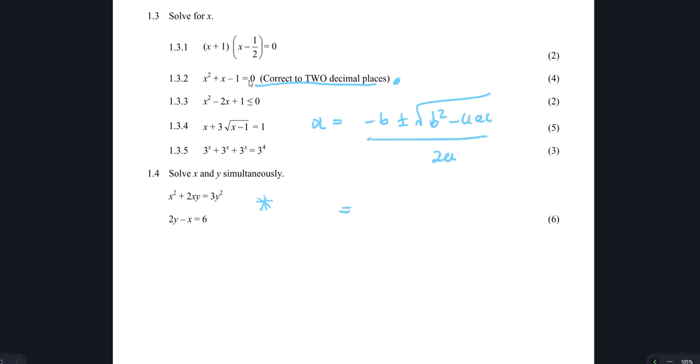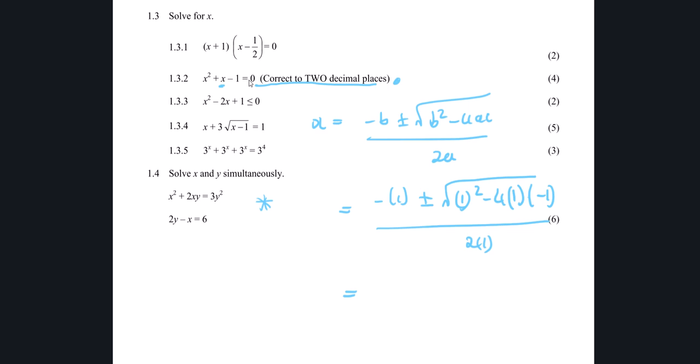So that will be, our b is 1, so negative 1 plus or minus the square root of 1 squared minus 4 times a, which is 1, times c, which is minus 1, all over 2a. Oops, I should put 1 here. If you punch that in the calculator, and guys, you have to punch this in the calculator exactly as it is, or else you're going to make mistakes.